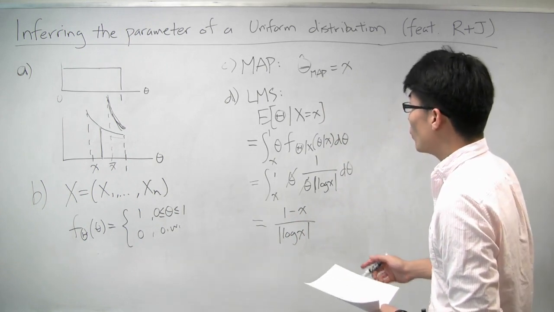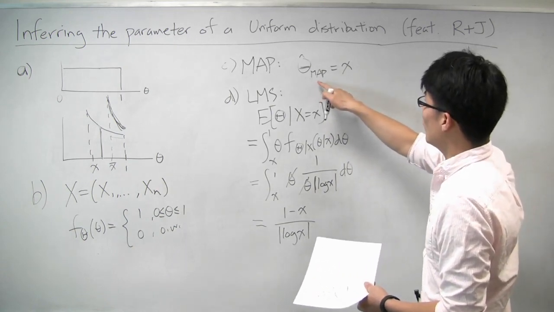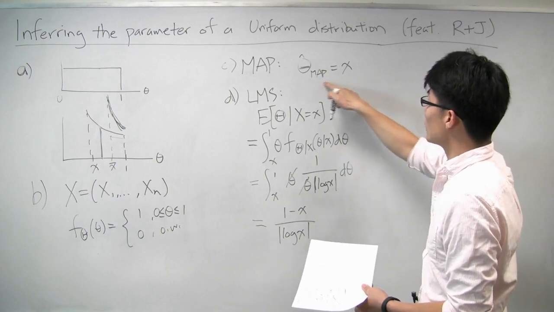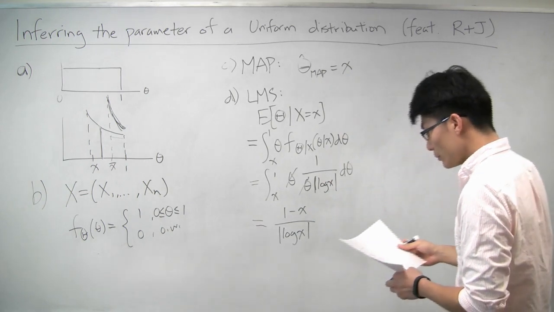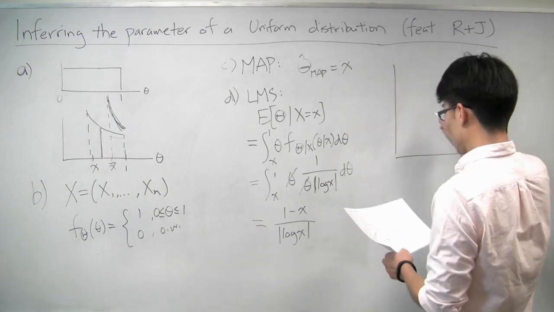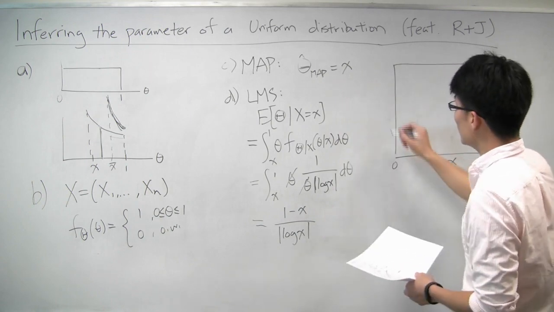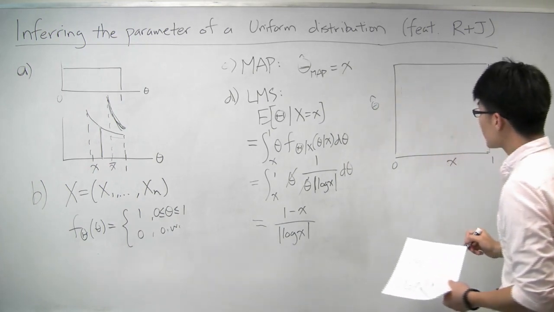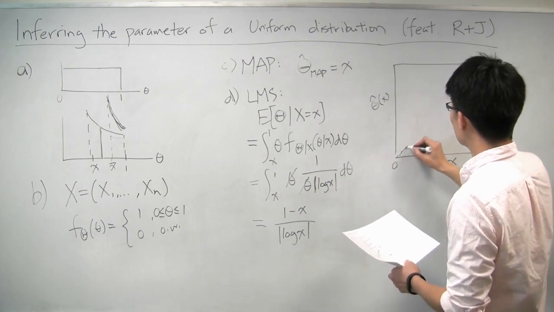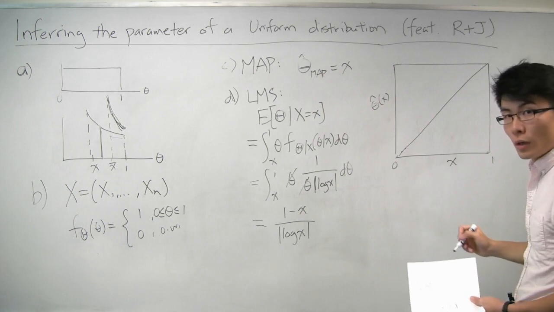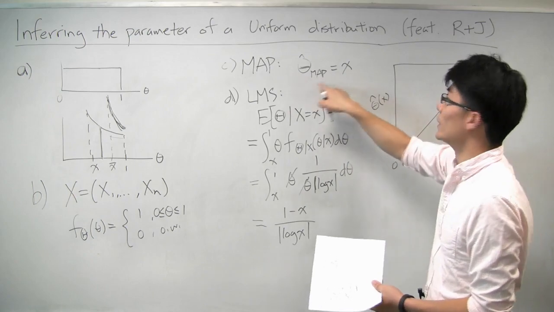All right, so we can actually plot this. We have two estimates now. One is that the estimate is just x. The other is that it's 1 minus x over the absolute value of log x. So we can plot this and compare the two. Here's x, and here is theta hat of x for the two different estimates. Here's the estimate from the MAP rule, which is whatever x is, we estimate that theta is equal to x.